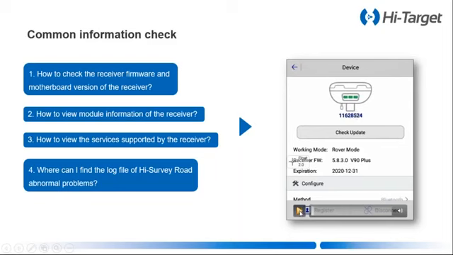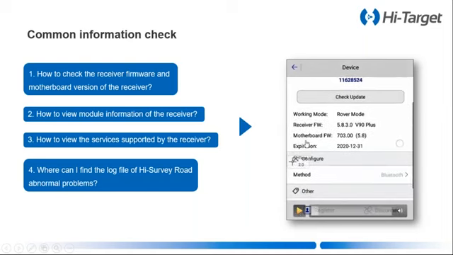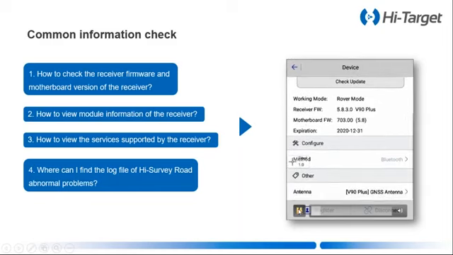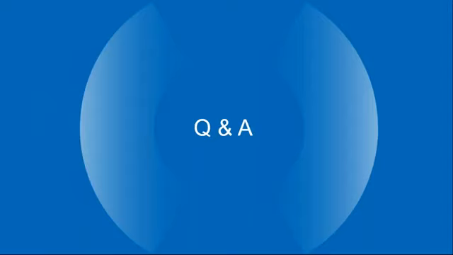To check the firmware version, we just press 5 times on the serial number. Then it will show the motherboard firmware version. We can get the motherboard firmware in the interface.